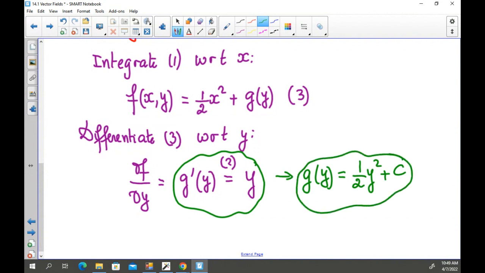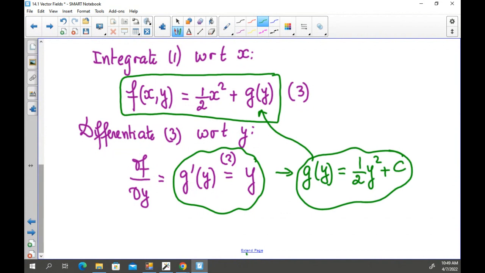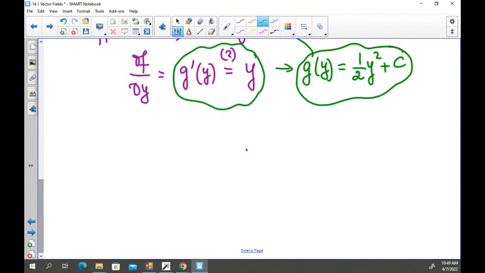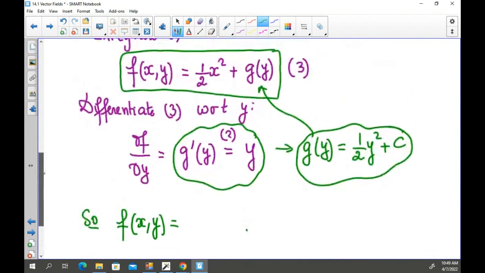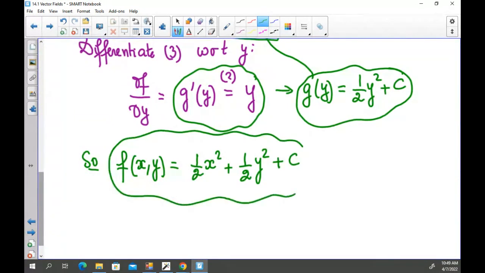Now, once we have this, we take it here, and we have our function f. So f of (x, y), which we are looking for, is half of x squared plus half of y squared plus constant c.